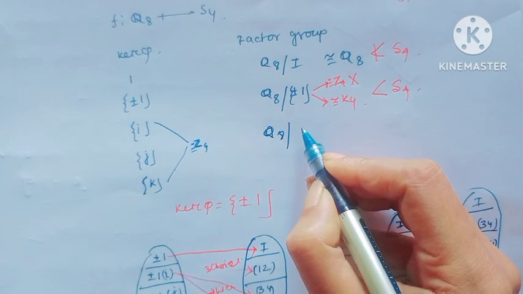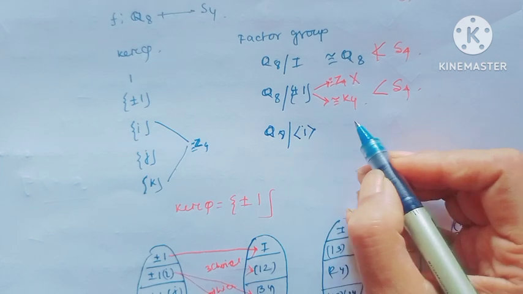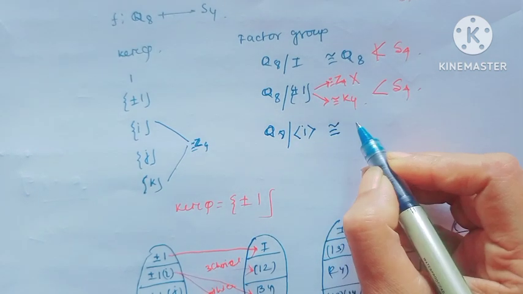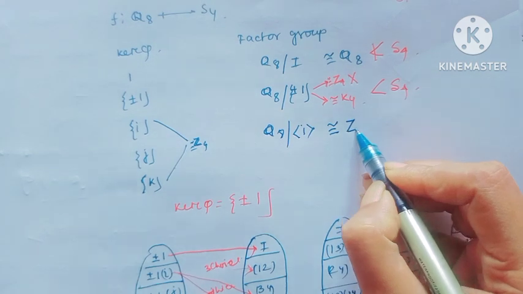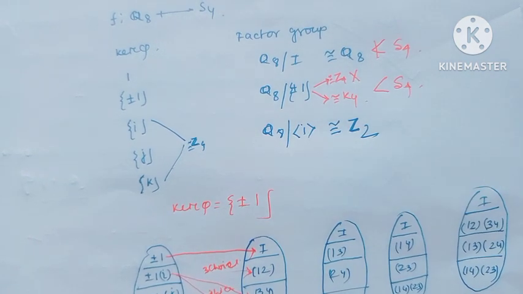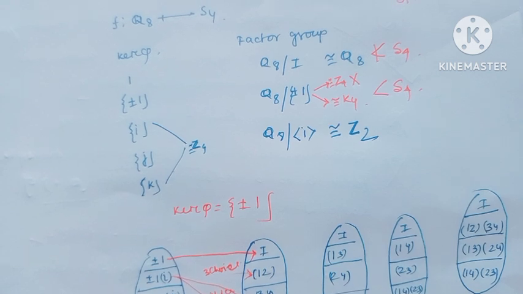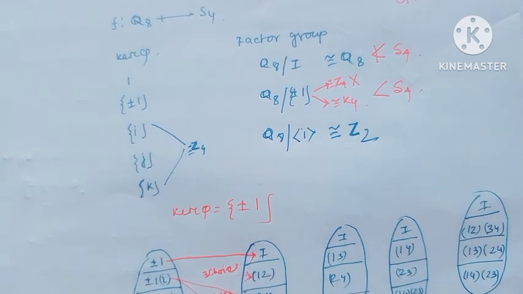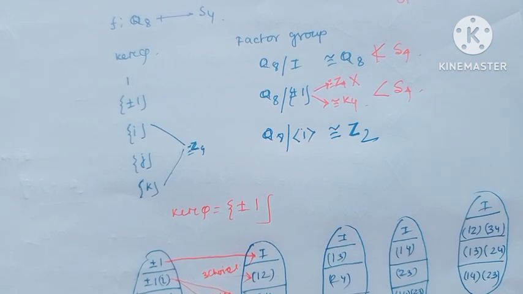When kernel phi equals the cyclic subgroup generated by i, Q8 modulo the cyclic subgroup generated by i would be isomorphic to Z2. Then the homomorphism would be of this type. A few minutes ago I had seen that in S4 there are 9 subgroups of order 2 type.